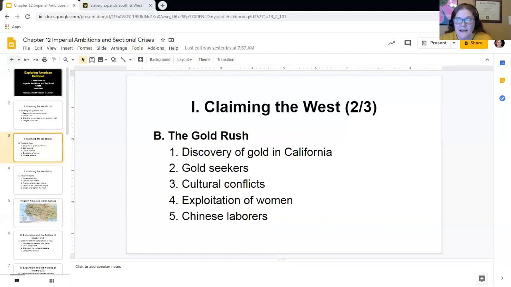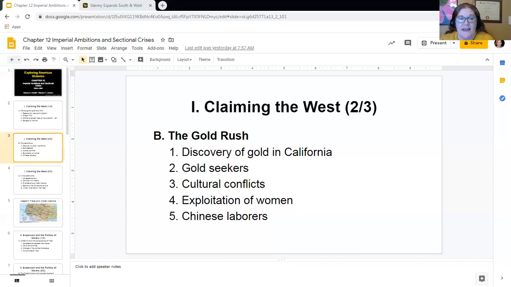And those Mexican ranching families will still be in power and in place in chapter 15 and chapter 16, which is covered in American history two, as we bring sort of new opportunities into California.